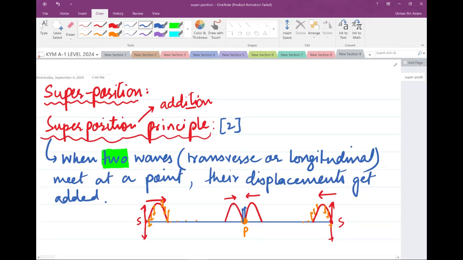Let's say this crest had an amplitude of 2 centimeter, and this one also had an amplitude of 2 centimeter. When the peaks meet at the same point at the center, the point P is going to get displaced to a total value of 4 centimeter vertically upwards.